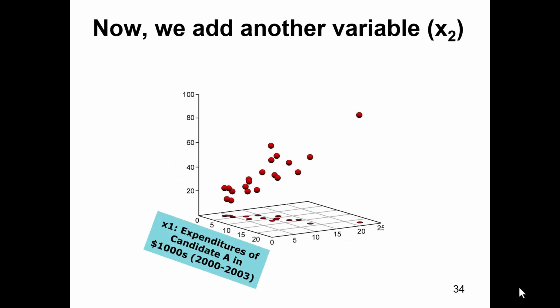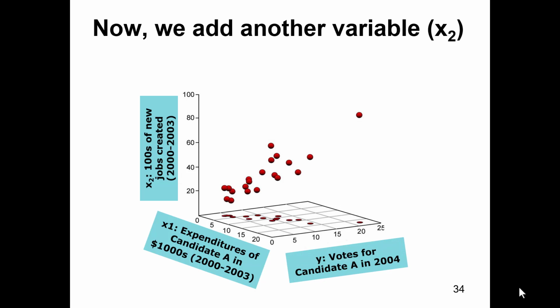So here we could have x1, expenditures for a candidate, and x2, the number of jobs created in a particular year, and we could start to see how these 2 explanatory variables help predict the vote share for a particular candidate.